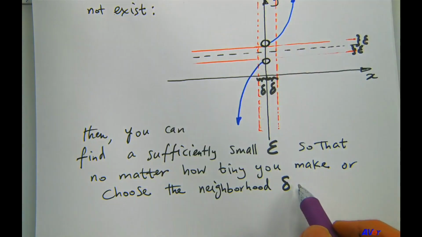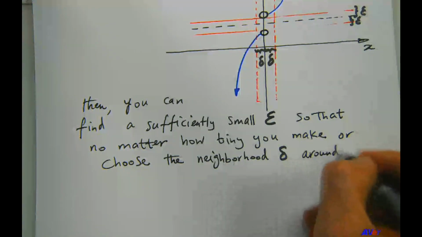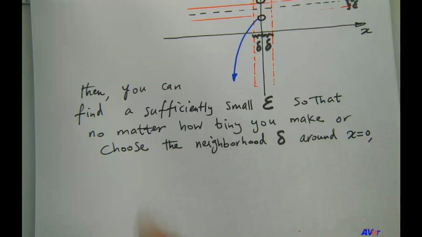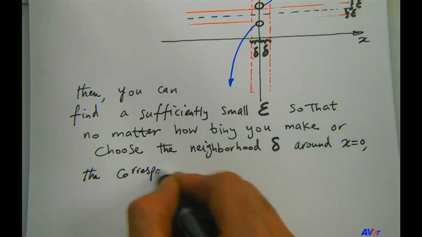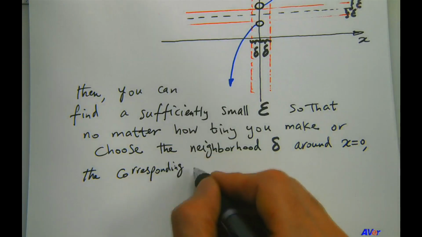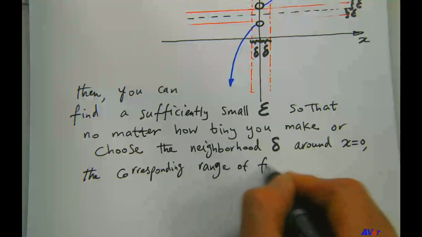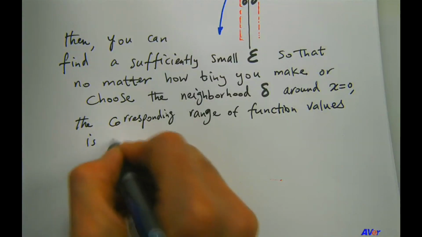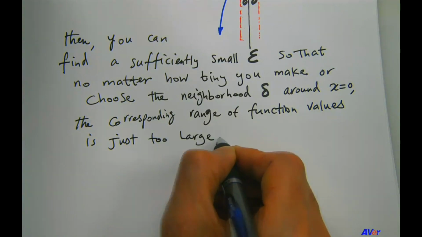So choose the neighborhood delta around x equals 0, then the corresponding range of function values is just too large, right?